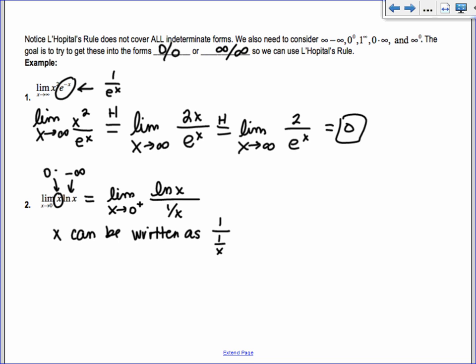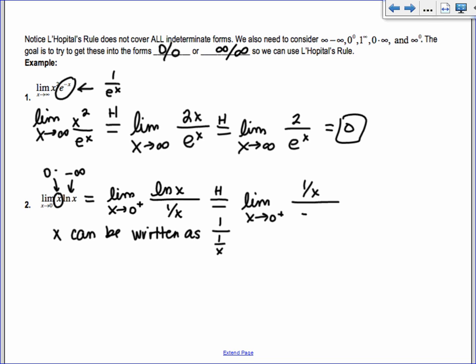All right, now do you guys see that it's a negative infinity divided by a positive infinity? So it's in that form. The signs don't matter. Okay? So now go for L'Hopital's rule. So I have the limit as x goes to 0 from the right, 1 over x divided by, this was on your derivatives drill, do you guys know it now? Derivative of 1 over x?